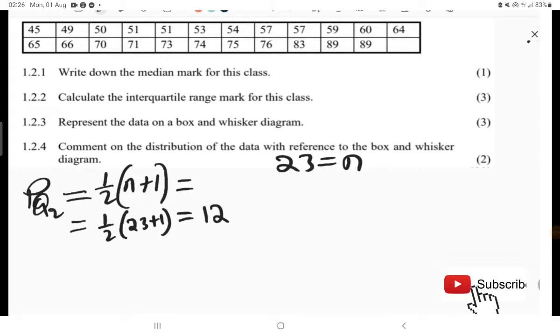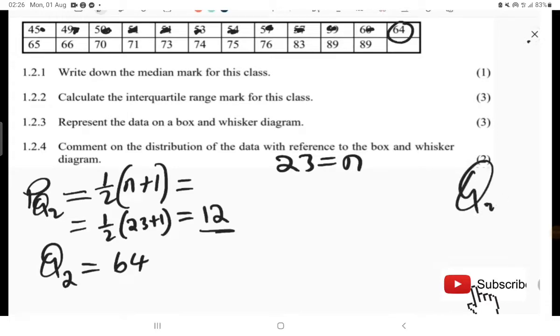Now, let's count from the smallest one to the 12th position. 1, 2, 3, 4, 5, 6, 7, 8, 9, 10, 11, 12. So the median is that number 64, which means we have 64 as the median. Now, if we can just write it here so that you don't miss it out.